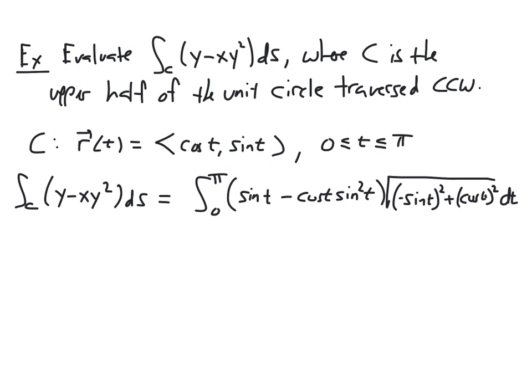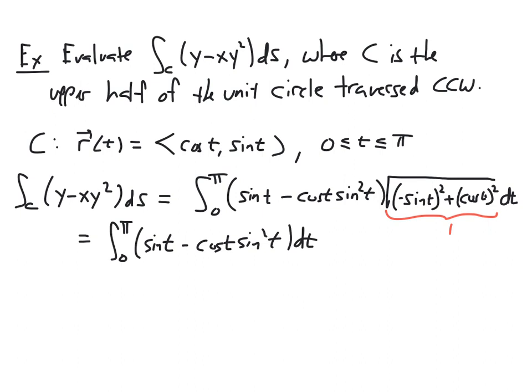Notice that this square root is equal to 1. That's just the square root of sine squared plus cosine squared, which of course is 1. And so what we end up with here is simply the integral from 0 to pi of sine t minus cosine t sine squared t dt.